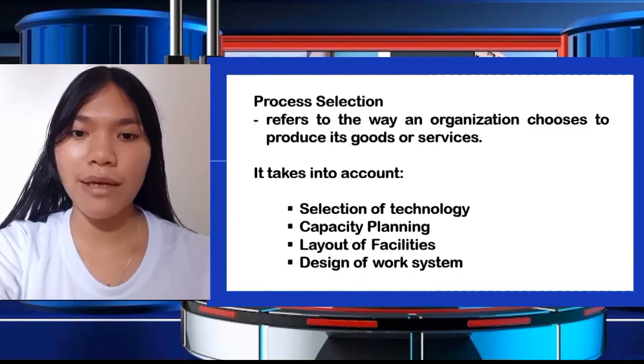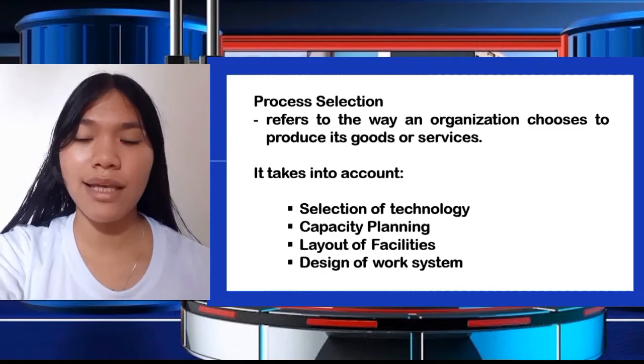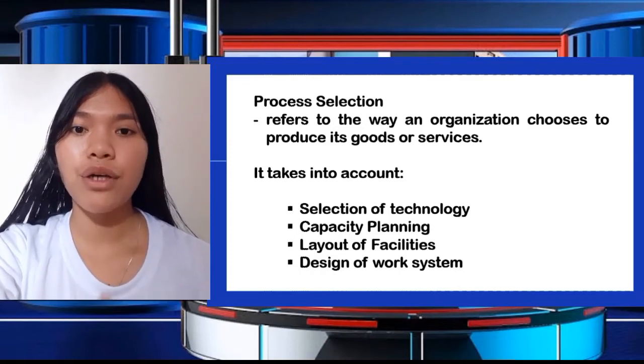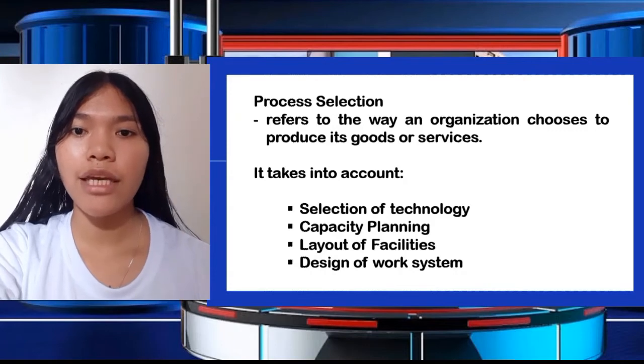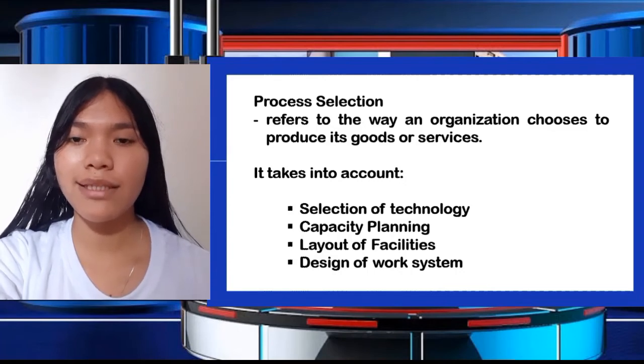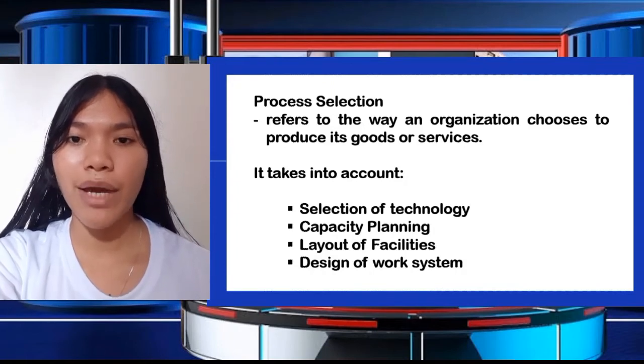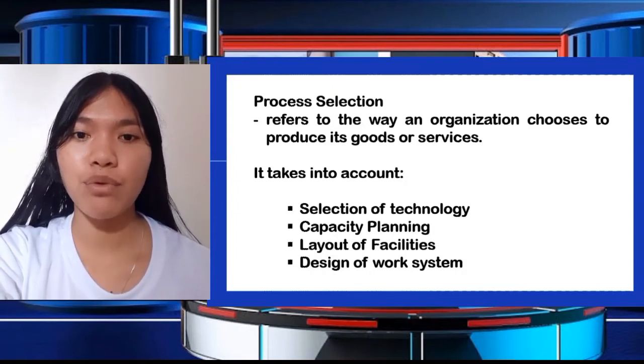Next will be the layout of facilities. Facility layout refers to the way in which workstations, equipment, machinery, and employees are positioned within a work facility. It means that organizations have to make sure that their equipment and technology are positioned in an appropriate manner.